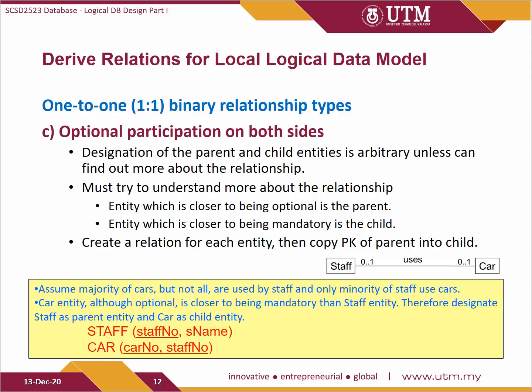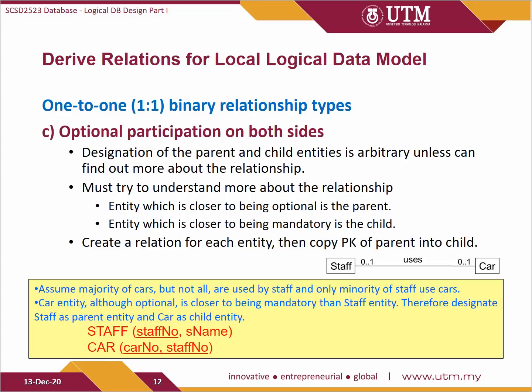as foreign key. For example, consider how to represent a one-to-one staff-uses-car relationship in this slide with optional participation on both sides of the relationship. In this case, we assume that the majority of cars, but not all, are used by staff and only some of staff use cars.